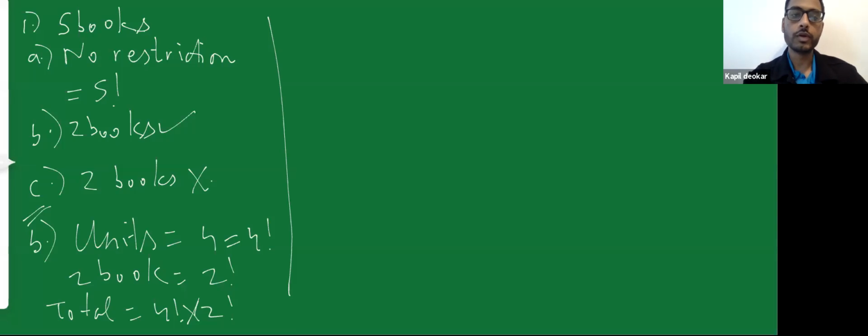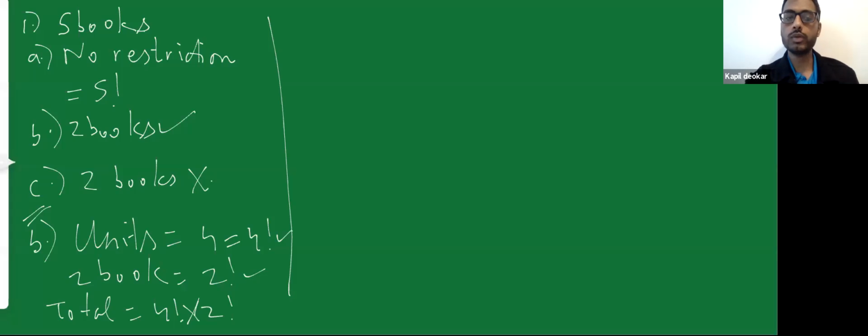You're considering 2 books as 1 unit, and then consider total number of units. So the other 3 books, and this would also be your 1 unit. So that would be 4 units in total. So number of arranging those units is 4 factorial, and number of arranging those 2 books is 2 factorial. So total is 4 factorial into 2 factorial.